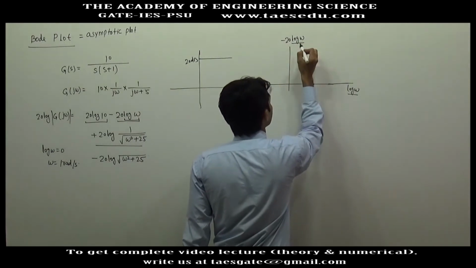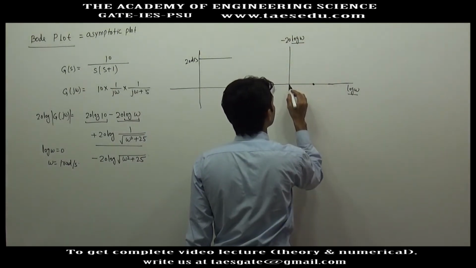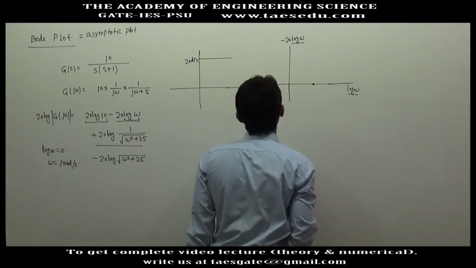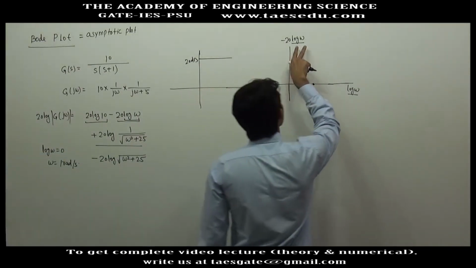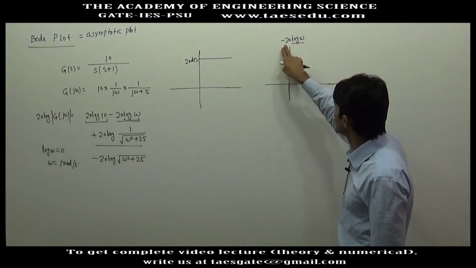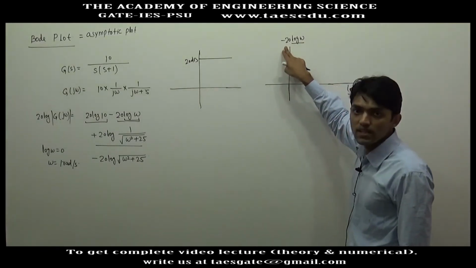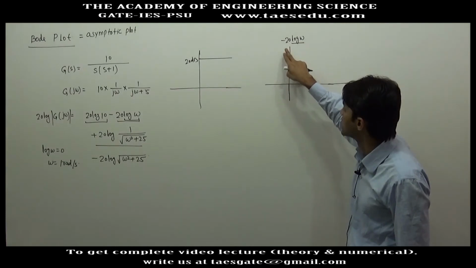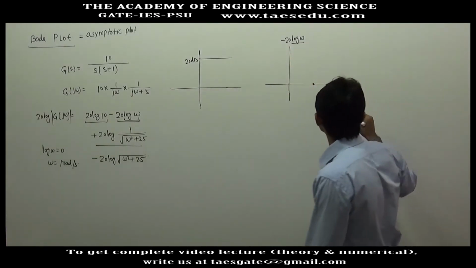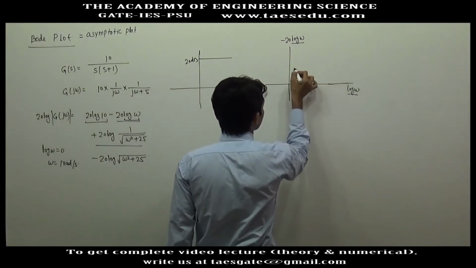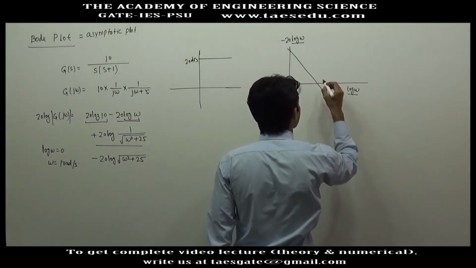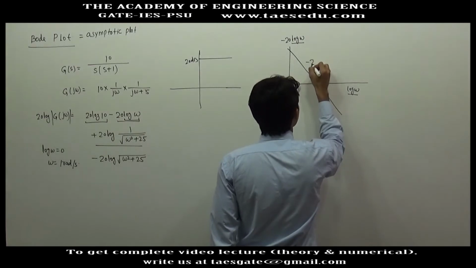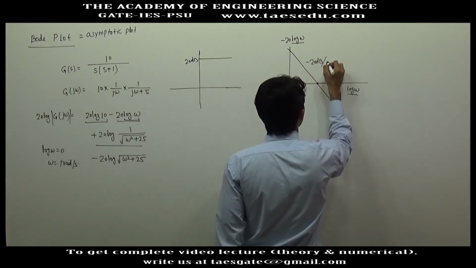If log omega equals 0, you will get 0 height, and when you change log omega by 1 unit, the dB will decrease by 20. You will have a decrease of 20 dB. This will give you a straight line with slope minus 20 dB per decade.